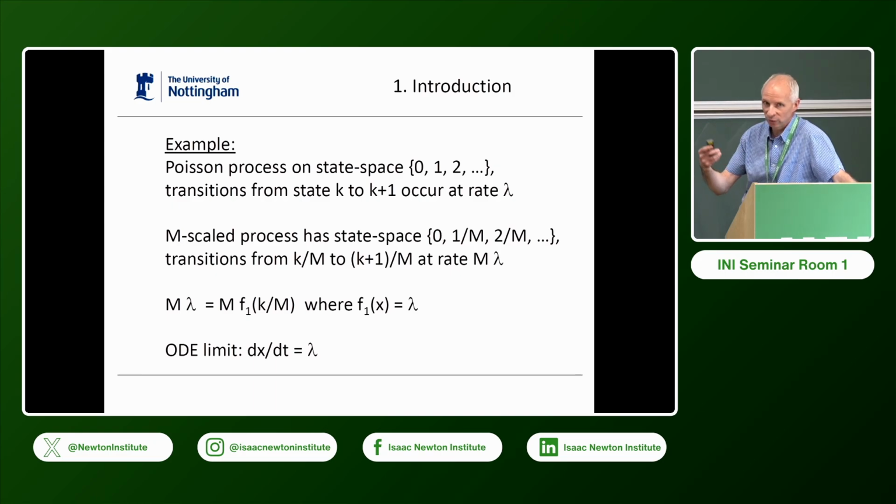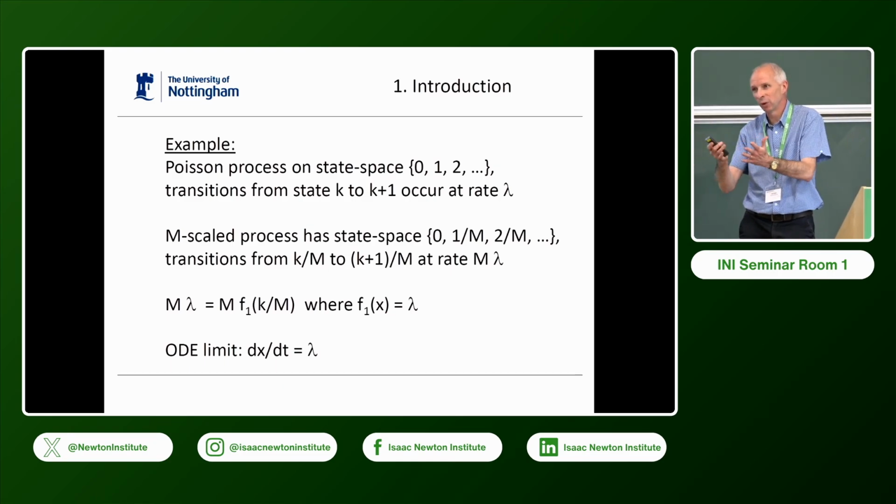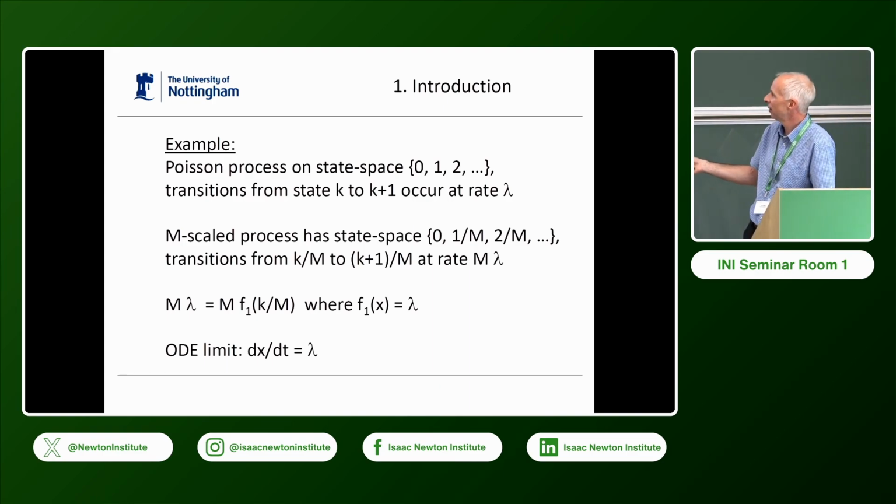If you look at the m-scaled process, so now you chop up the state space, so it's now 0, 1 over m, 2 over m, and so on. You still get transitions from one state to another adjacently, but to keep lambda having the same physical meaning, you now have to say, right, you've got to move m times faster. Okay, so there's a relationship there. And the ODE limit is this one, dx dt is lambda, all right? So this is probably the least complicated ODE model you'll see all week, but here it is.